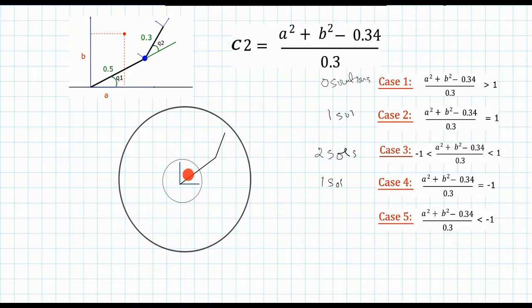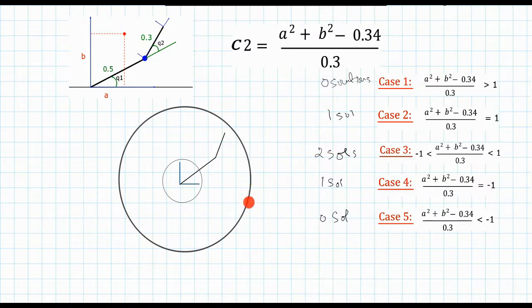Now if we look at the entire picture, we see our 5 cases. We can write 0 solutions here just for completeness. Okay, so we have these 5 cases. Outside this bigger circle, no solution exists. The robot cannot reach any point beyond this outer circle.